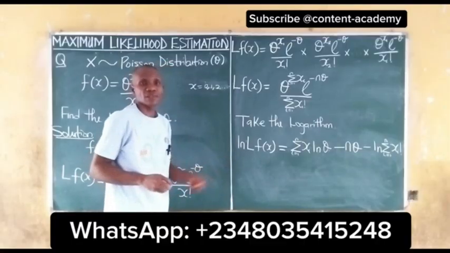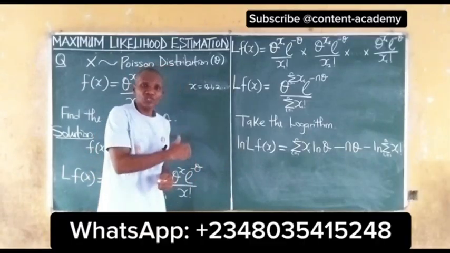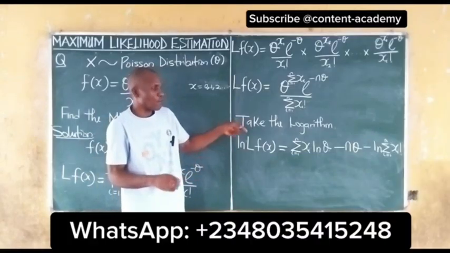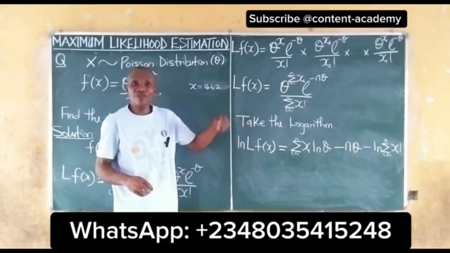This is what we get for the Poisson distribution if we take the logarithm of the likelihood function.